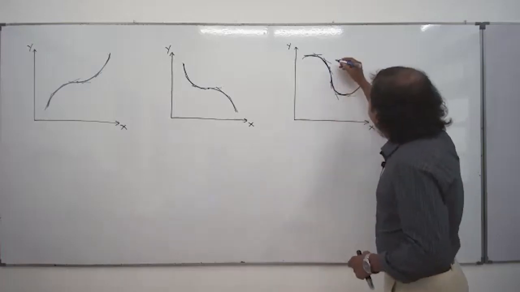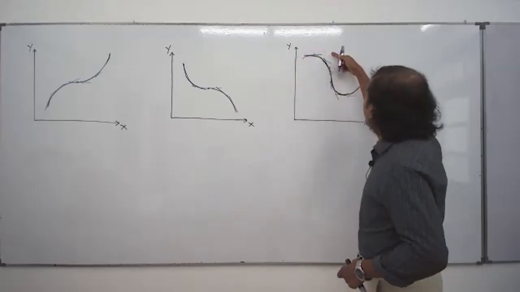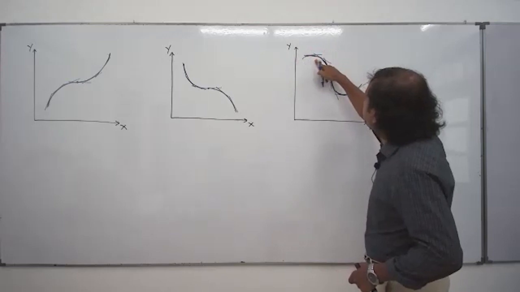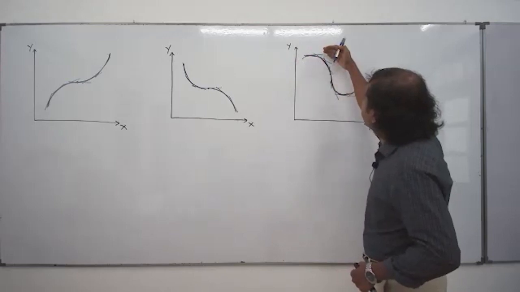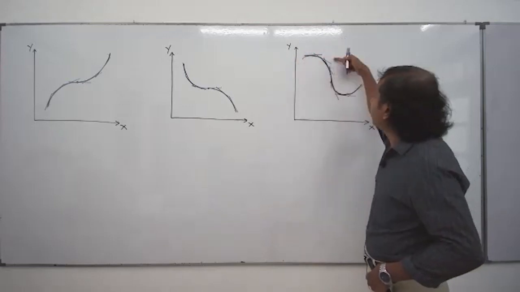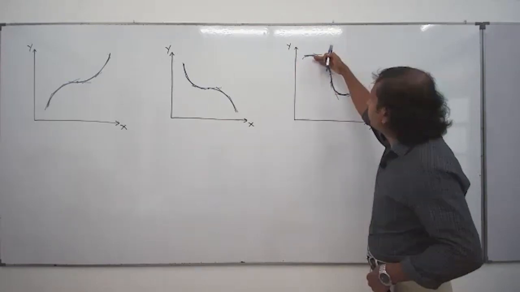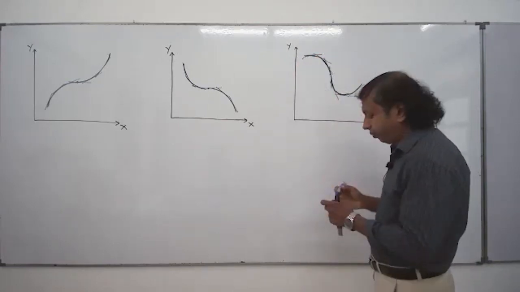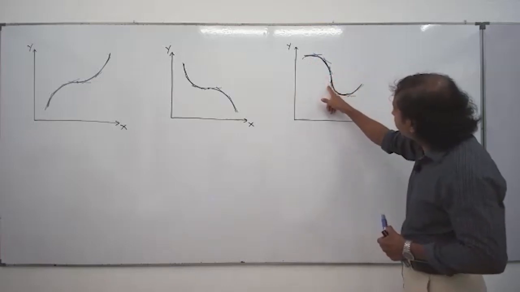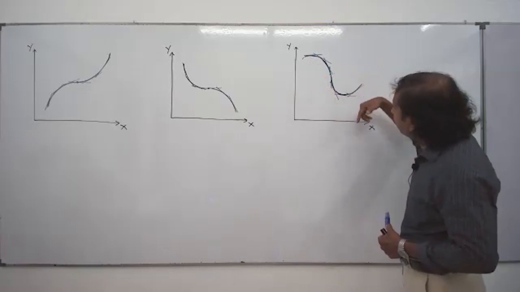You can see, starting from here up to here, the graph lies below the tangents. Then from here to here, the graph is concave down. After this point, when we keep drawing the tangents, you can see the graph lies above the tangents, therefore concave up.